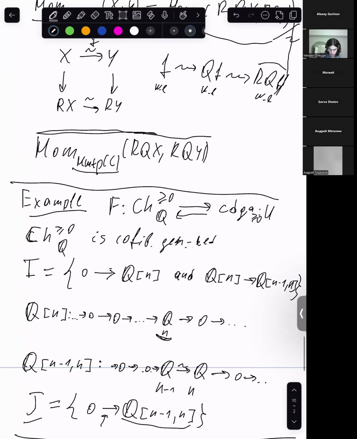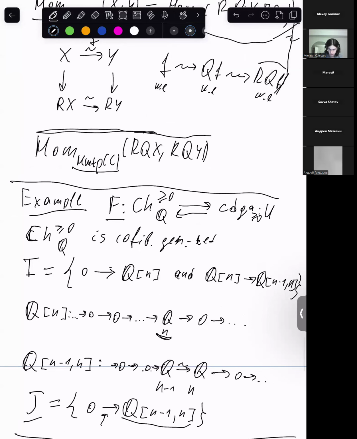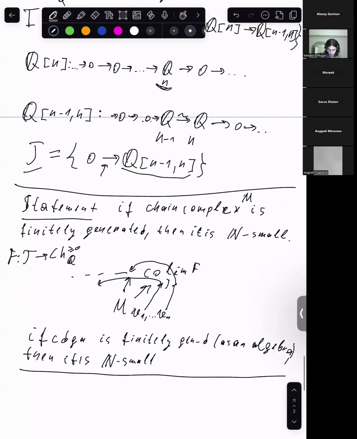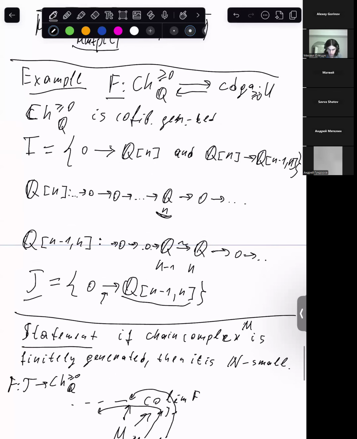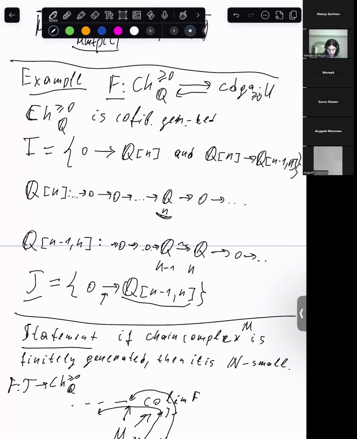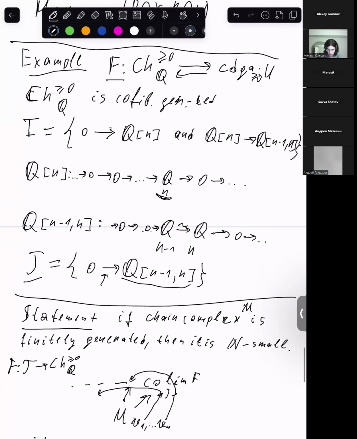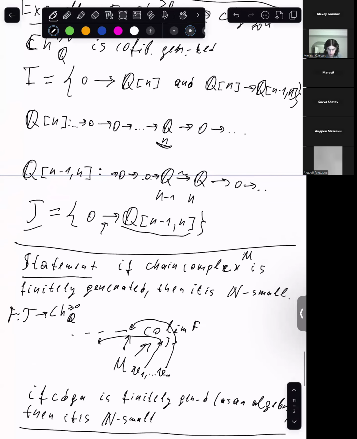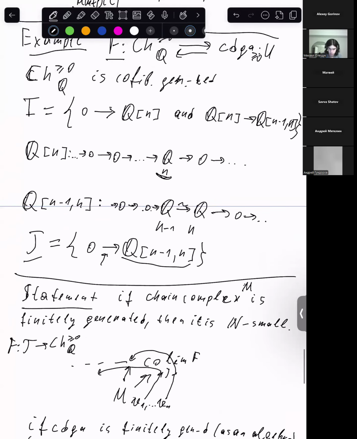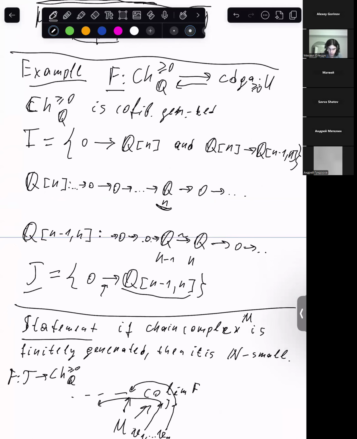So our functor F is a free functor. A free functor applied to a finitely generated chain complex is finitely generated as an algebra with the same set of generators. So if an object was finitely generated, then its image by applying the functor F is small.